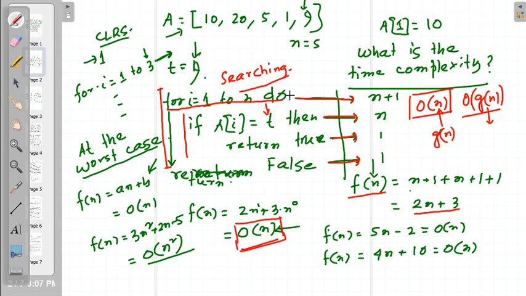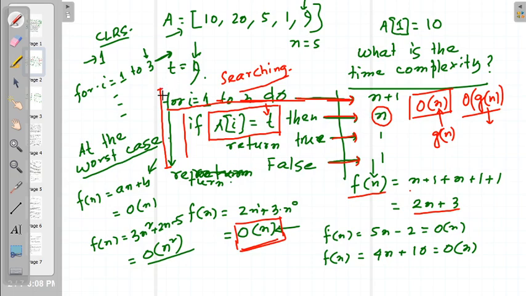And instead of looking at how many times this for loop statement gets executed, how we are actually measuring the time complexity of searching is because of this statement: how many times we are comparing the number to be searched with the array element. So this is the indicator statement.